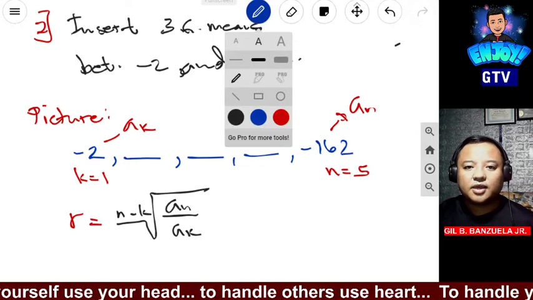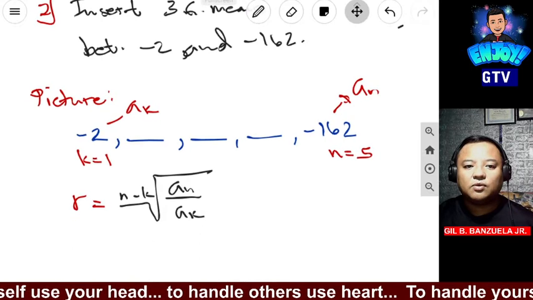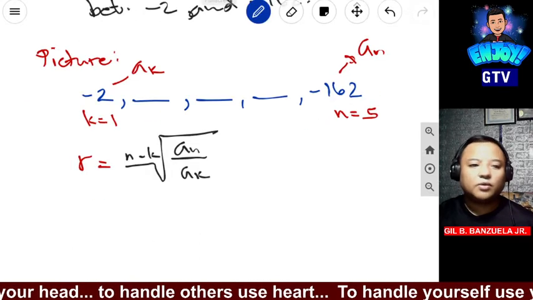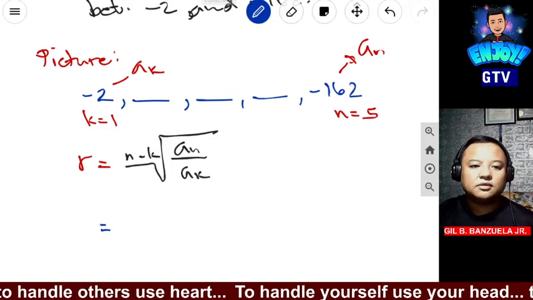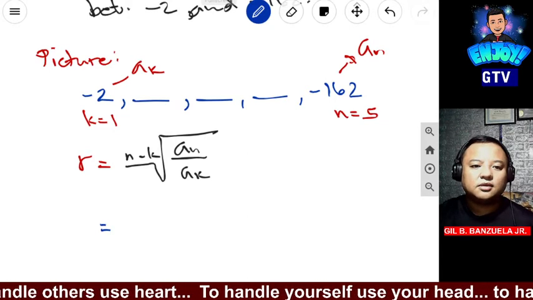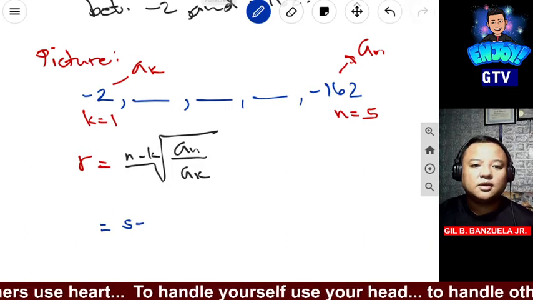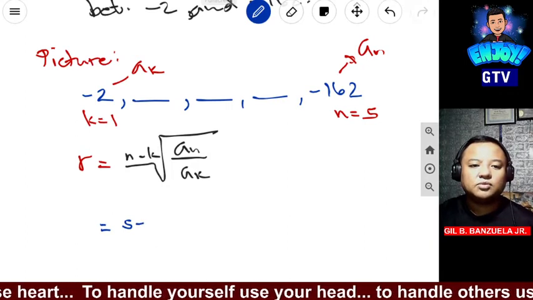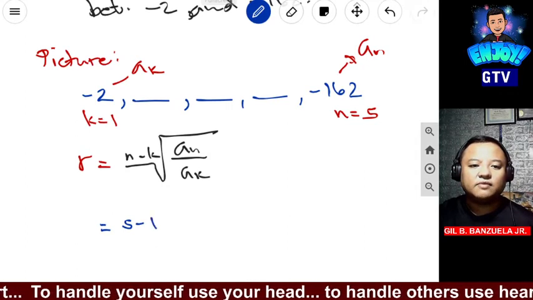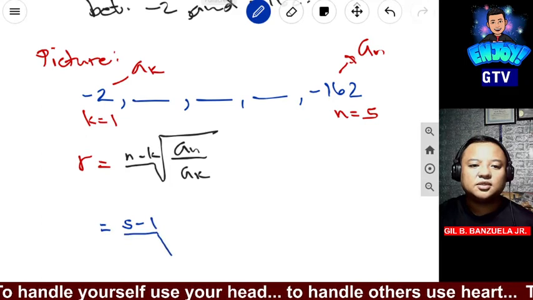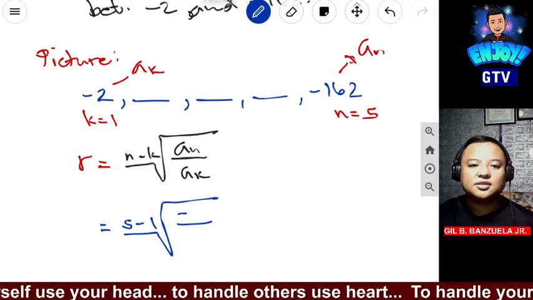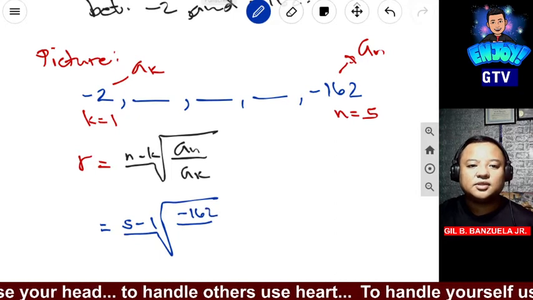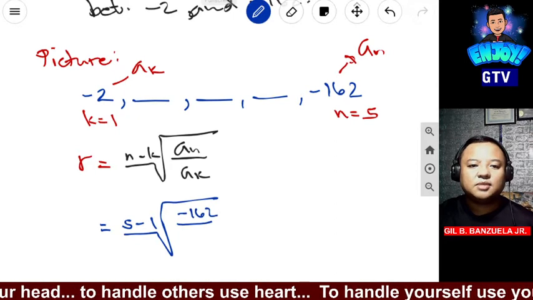And we are now ready to plug in all this information to our formula. So therefore, we have the nth root, and so we have 5 minus k or 5 minus 1. This is our index, and your a sub k is -162 to be divided by your a sub 1.